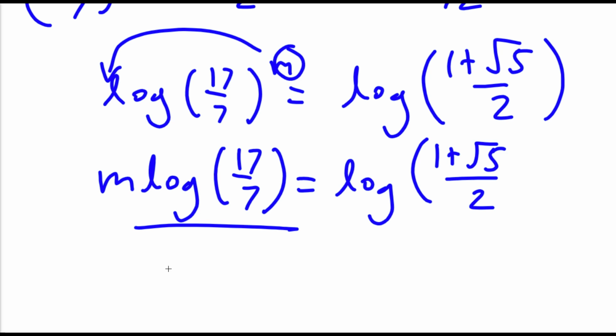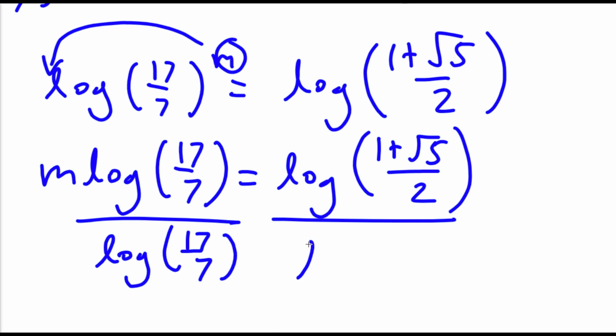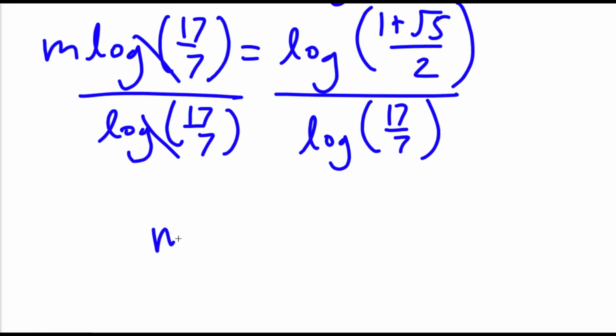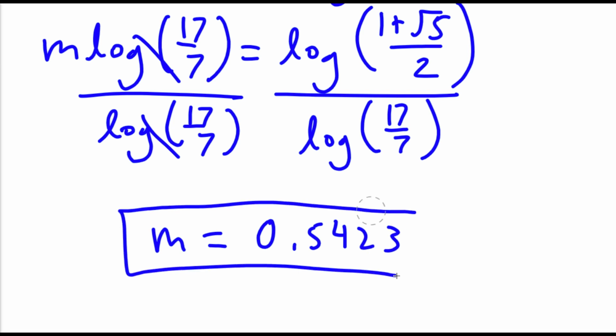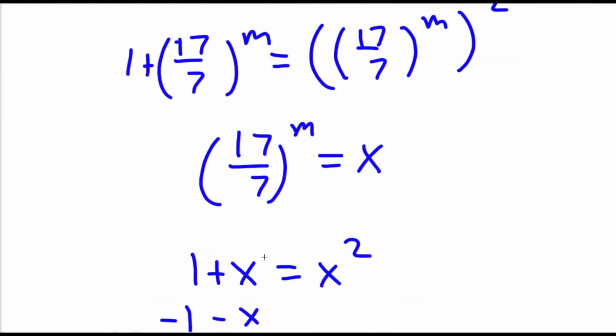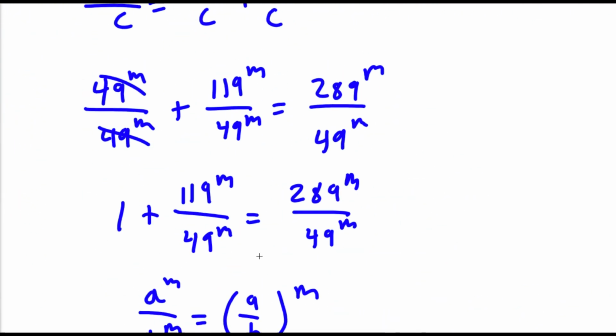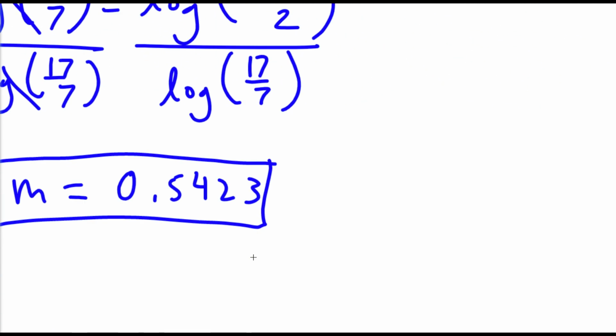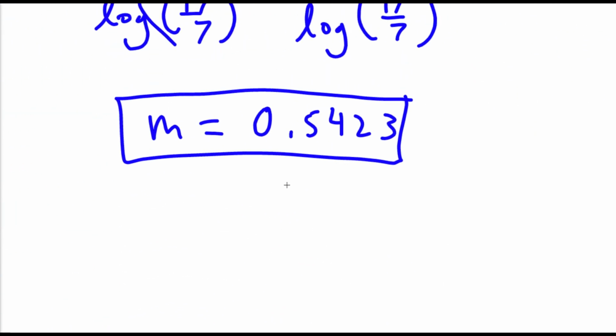And now if I divide both sides by log 17/7, these two cancel out. m is equal to log of 1 plus the square root of 5 over 2, over log 17/7, which, if you plug that into a calculator, is 0.5423. Sorry, that is our only value of m. So m equals 0.5423.